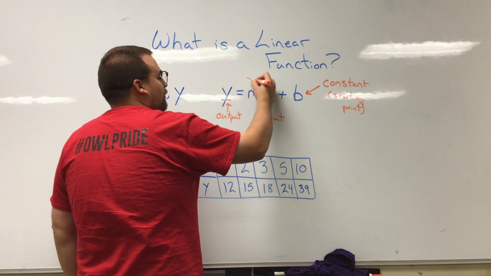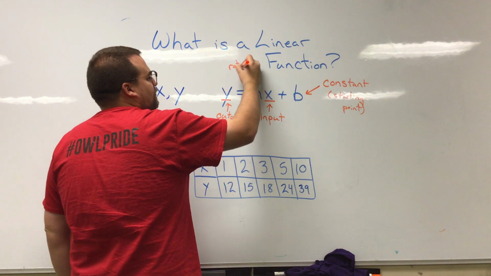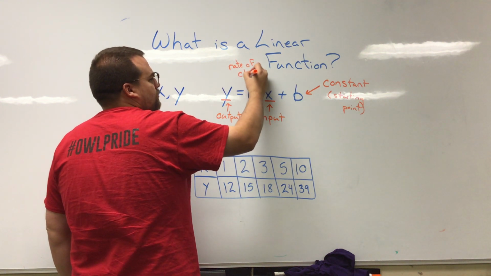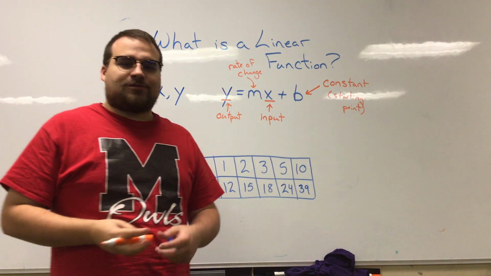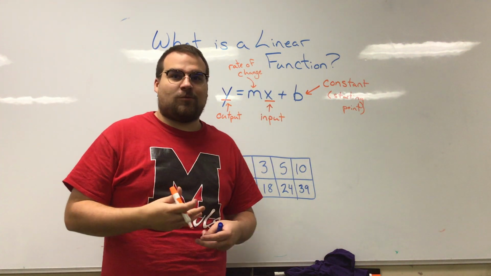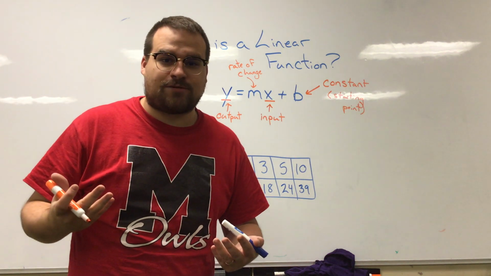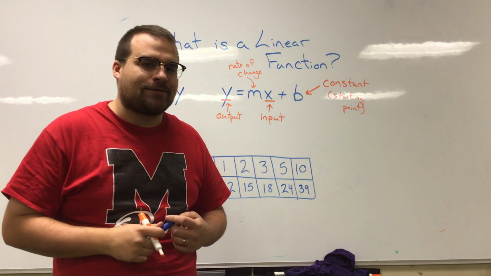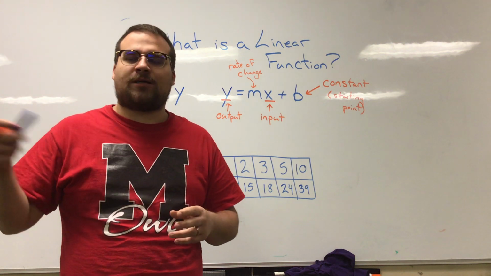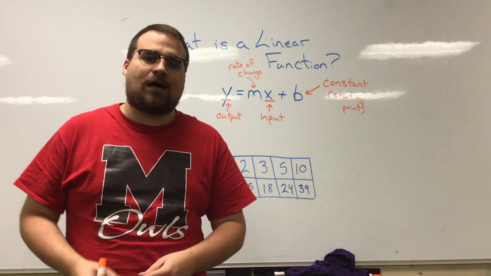And then the other one is a rate of change. What that tells us is every time we go up some value with x, our rate of change tells us how much change we need in y.